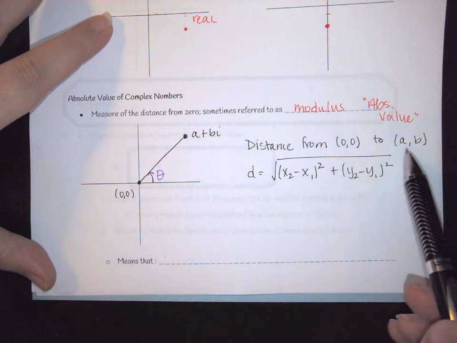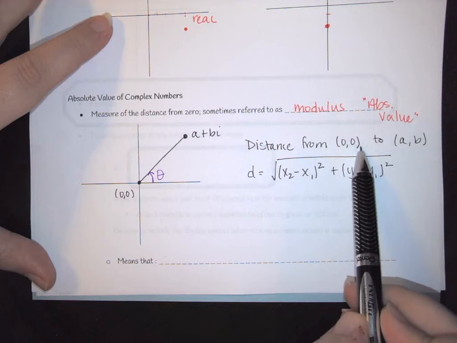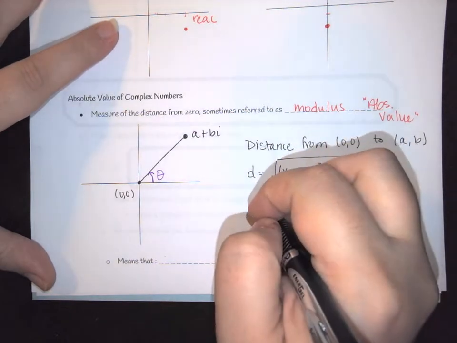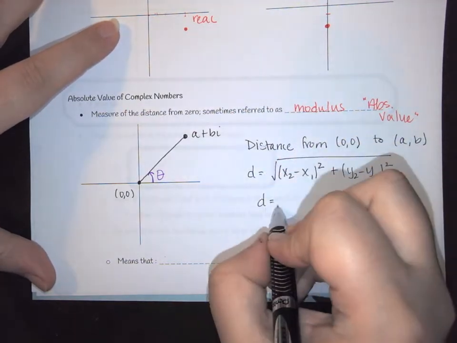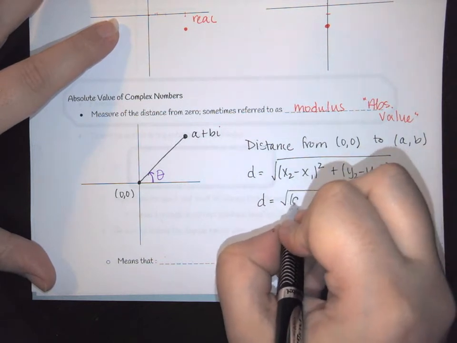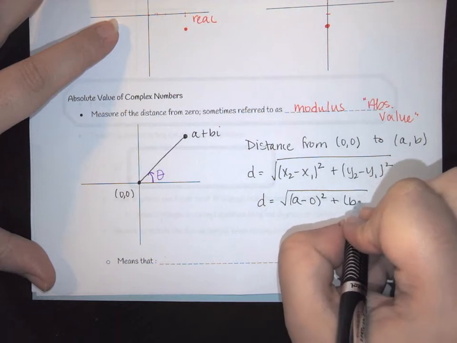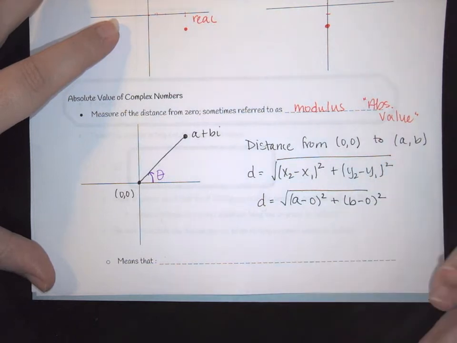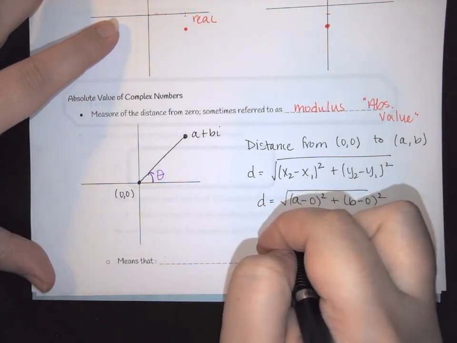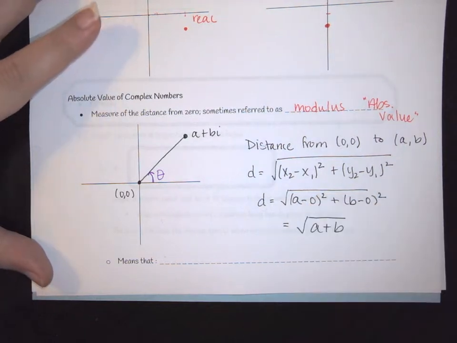Well, if we say that my x2, y2 is the point a, b and x1, y1 is 0, then here we would have that our distance is equal to the square root of a minus 0 squared plus b minus 0 squared, which is going to give us the square root of a squared plus b squared.